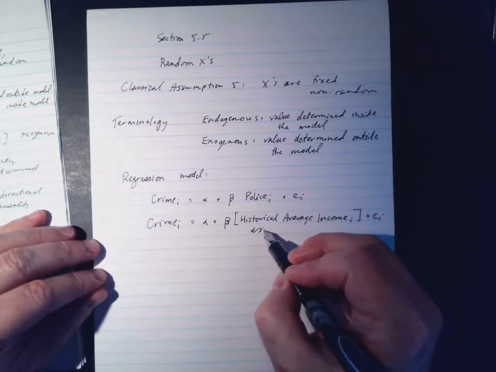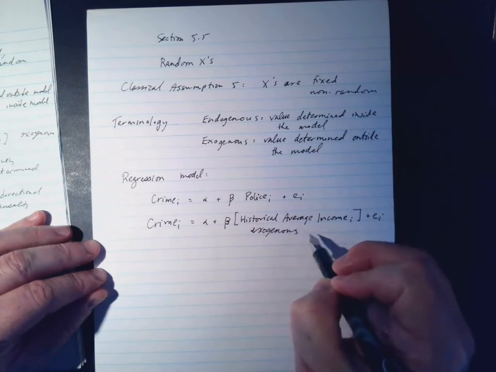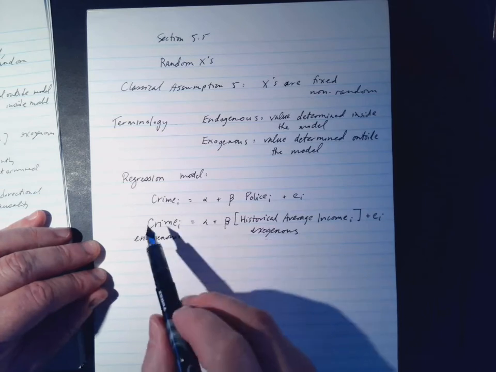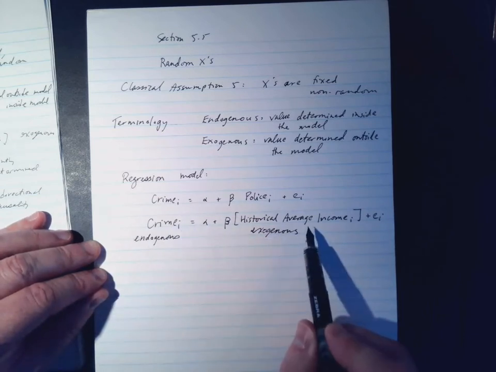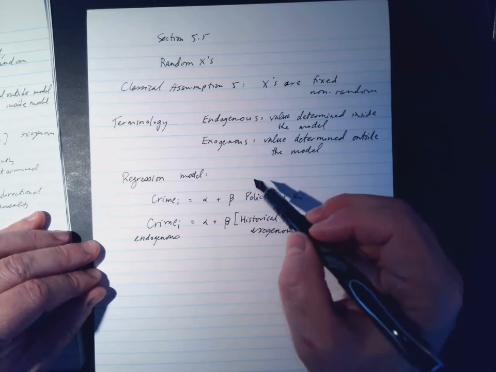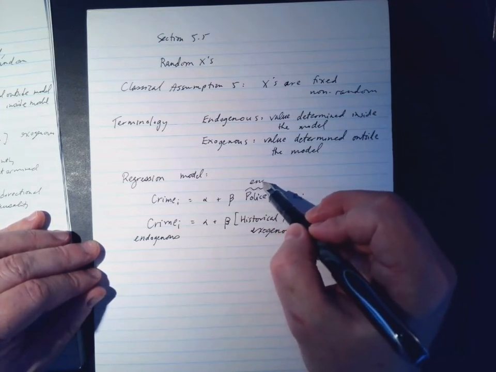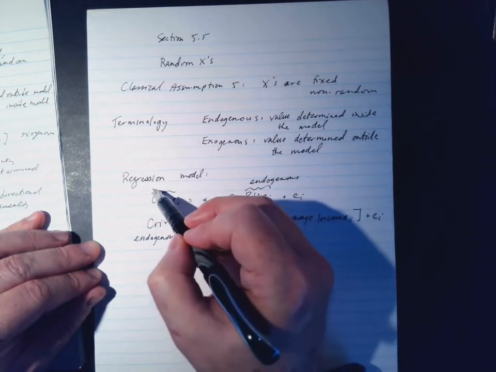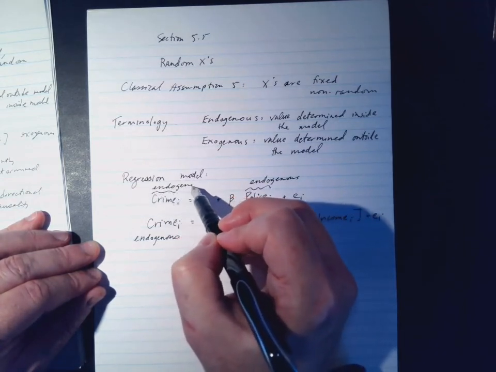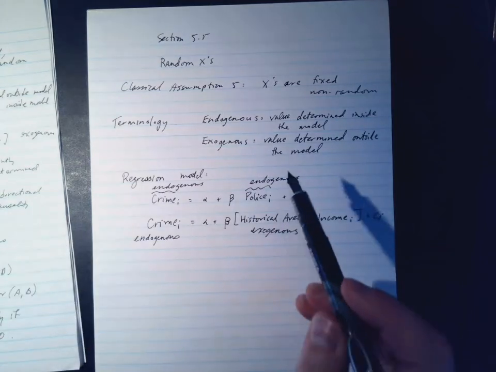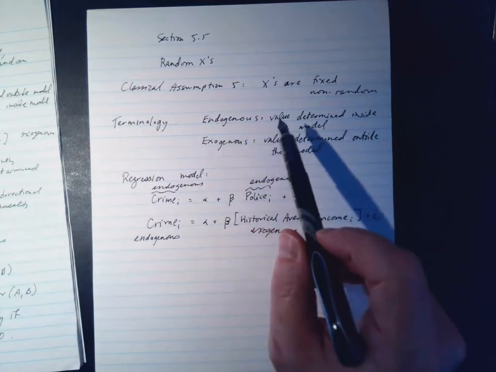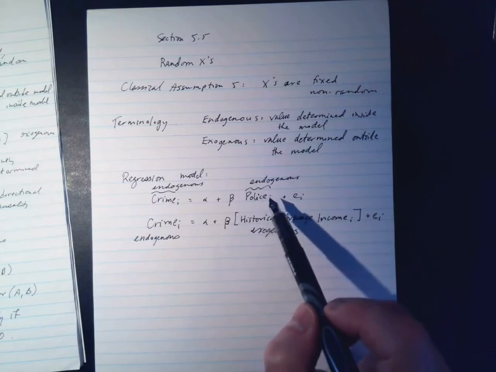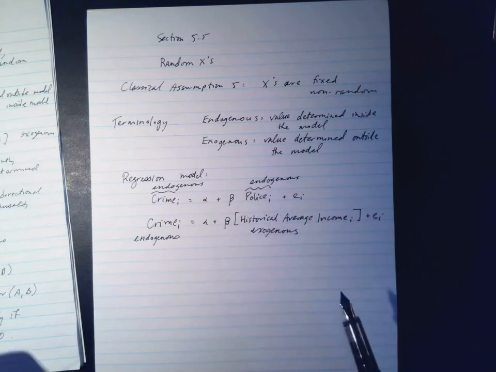So this variable is exogenous, and this one is endogenous. Endogeneity of the x variable, as we will see, causes it to be a random variable.